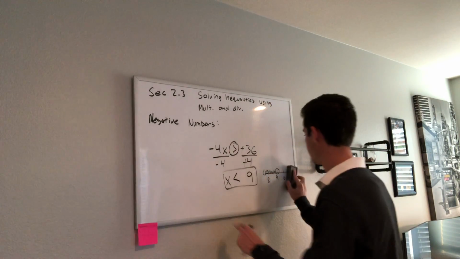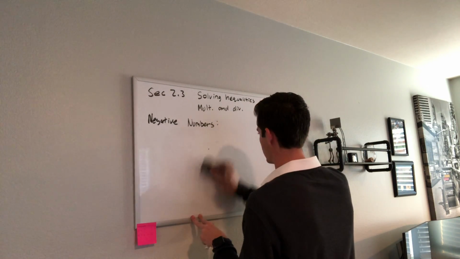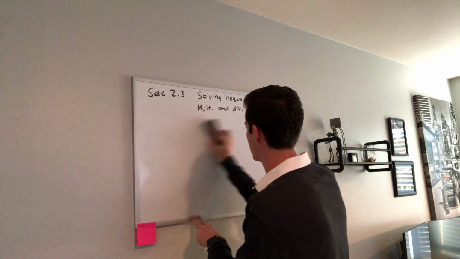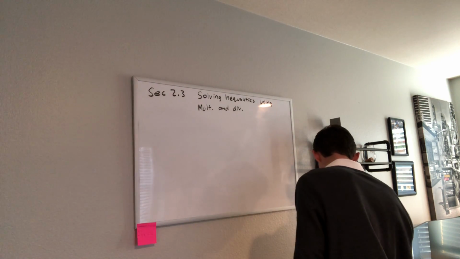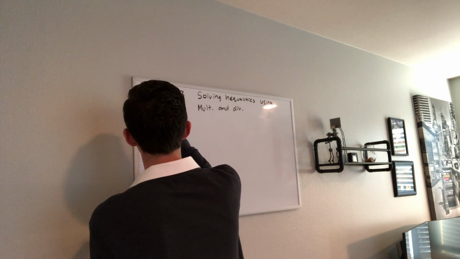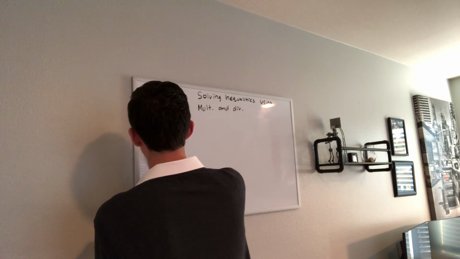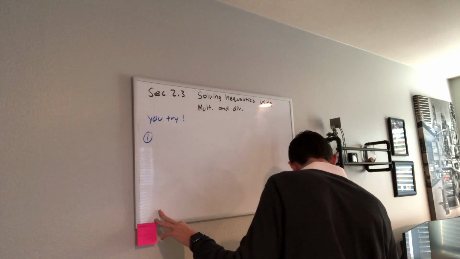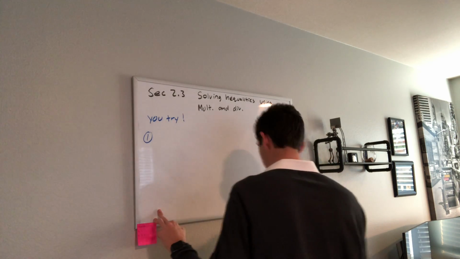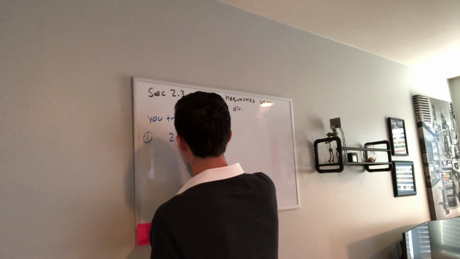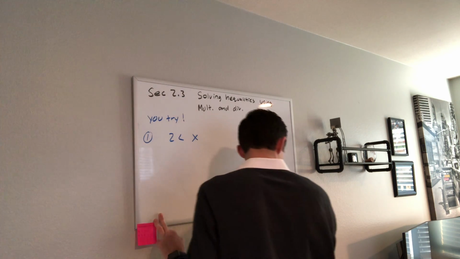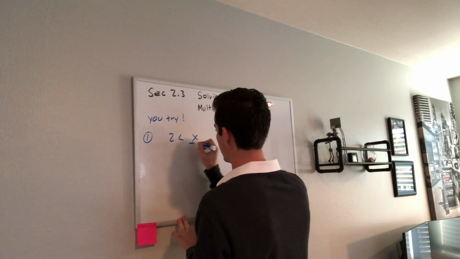So we have 2 U-try problems. Alright, so we're going to have a U-try. We got problem number 1. We have 2 is less than x over negative 3.